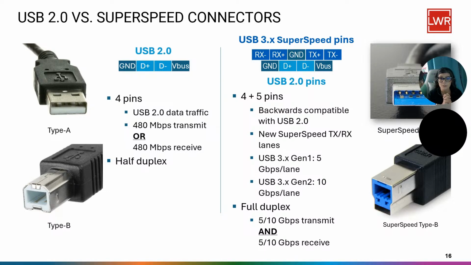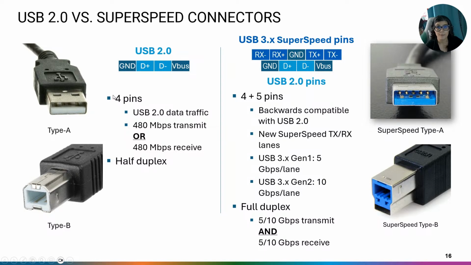A couple of visual clues here to help you when you are looking at a cable or a port. Usually if it is white or it is black, like over here on our left-hand side, that is going to let you know that that is a USB 2.0 connector, and that it's using that USB 2.0 high speed.